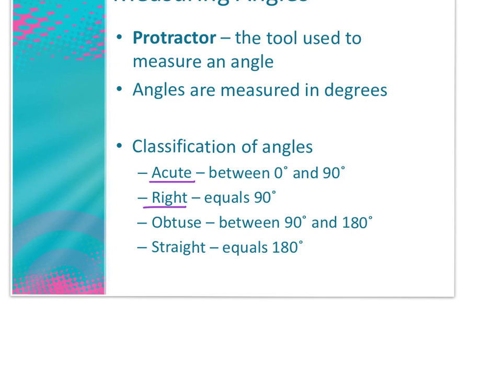If it's exactly 90 degrees, straight up and down, then it's a right angle. It equals 90 degrees, and it will have that little box in it. If it's between 90 and 180, it's considered to be obtuse. And straight, which would be a line, or 2 opposite rays, equals 180 degrees.